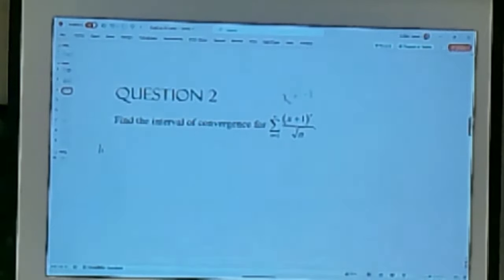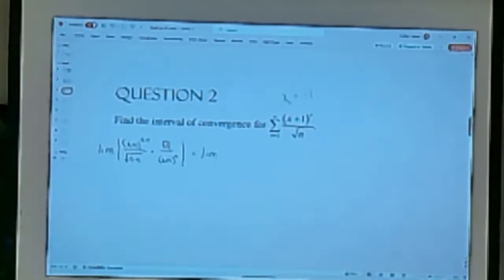Let's look at the limit of the absolute value of the ratio. How is that simplified?